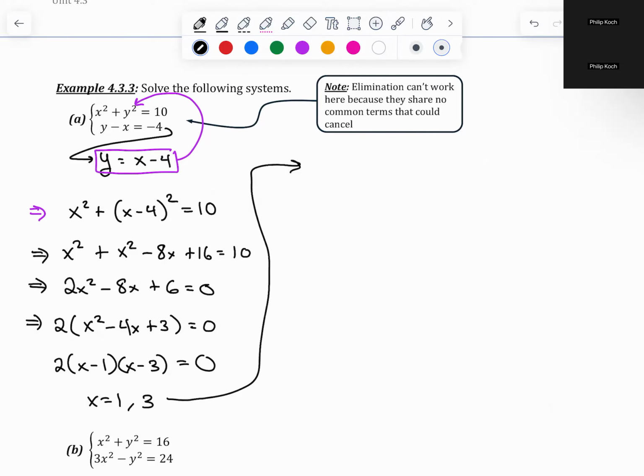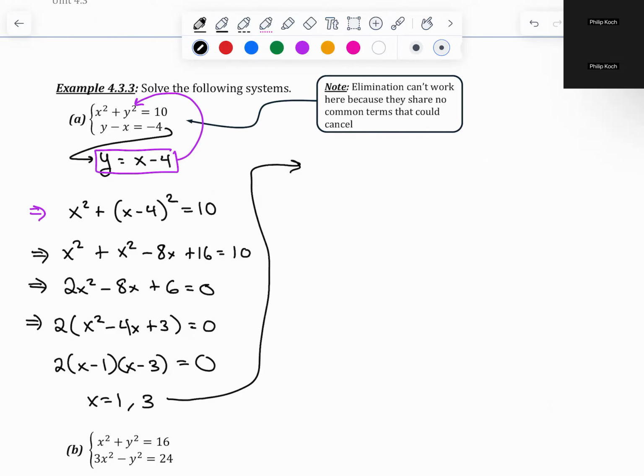Okay. Now, the question then becomes, what equation do I plug them into? Do I plug them into the top equation or do I plug them into the bottom equation? And the answer is that you probably should plug them into the substitution equation. That would be faster. So y equals x minus 4. But what would happen if you decided to plug it into the top equation?